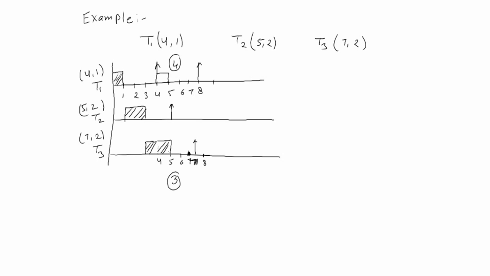Now if you see here, T2 came at this position, so who will execute? T1 or T2? At this position T1 has a deadline of 3, and T2 has a deadline of 5, after that it is coming at 10. So T2 has a deadline of 5 and T1 has a deadline of 3. Who will execute?